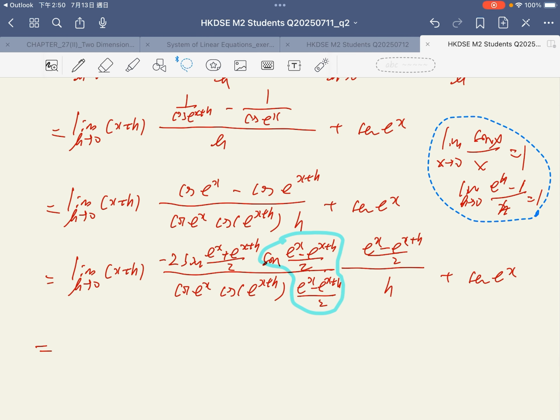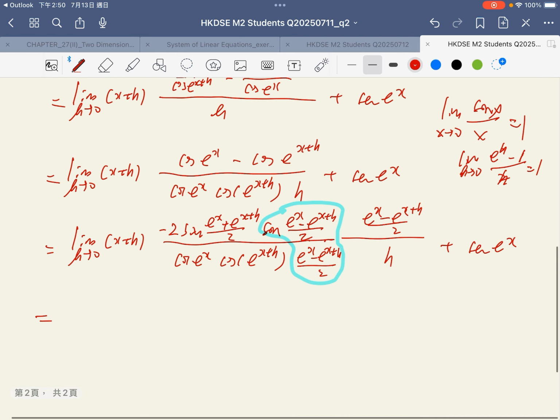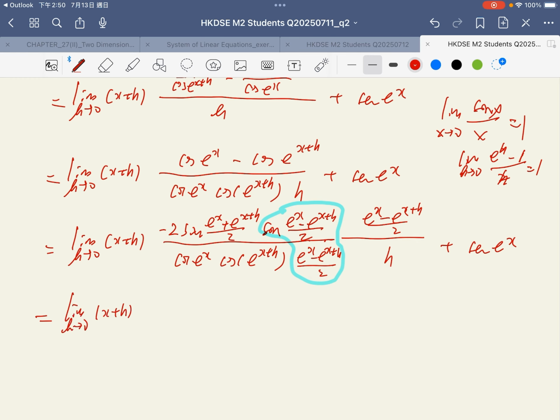That is two important formulas for this first principle question.